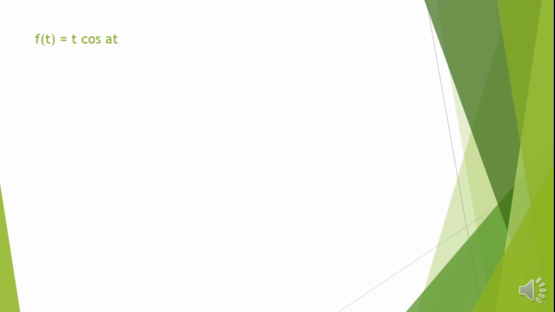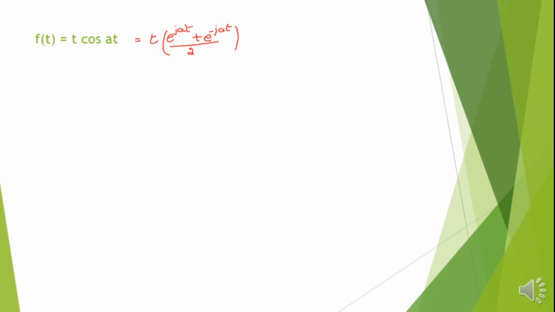Next, f of t is equal to t cos at. So t into cos at. One is a polynomial and another one is cos at. So this I can rewrite as t into e to the power jat plus e to the power minus jat, by 2.